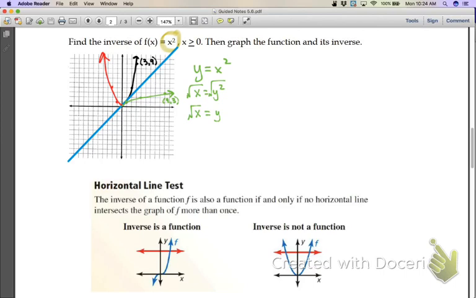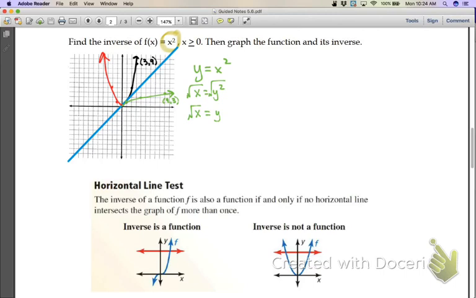My other point's at 9, 3, my original point was at 3, 9. What did I do with my x and y values? Just flipped them. Okay? No matter if both of them are negative or both positive, whatever your original is, the inverse is just the opposite. I take my x value and put it in the y spot, my y value and put it in the x spot. They're just switching places. The signs don't change. The numbers just change locations, is all that's going to happen with any sort of inverse function.